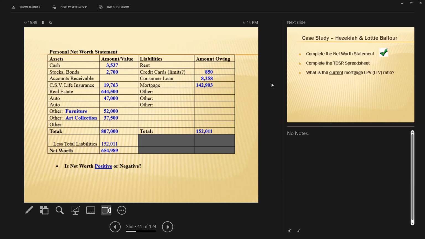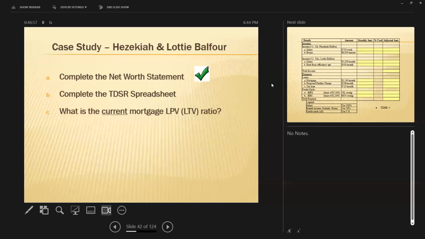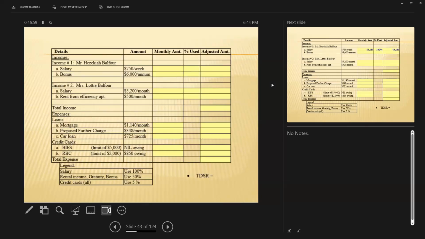All right, so we've completed the net worth statement. We said it's positive, so let's complete the TDSR. What is the first item, salary? How do we put that in?